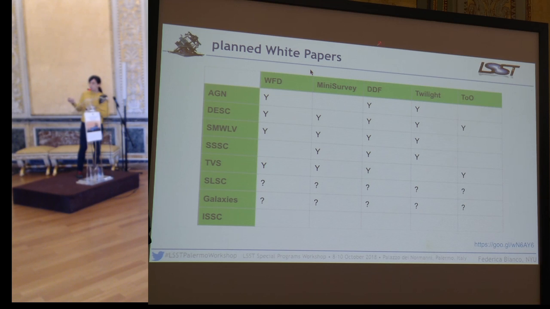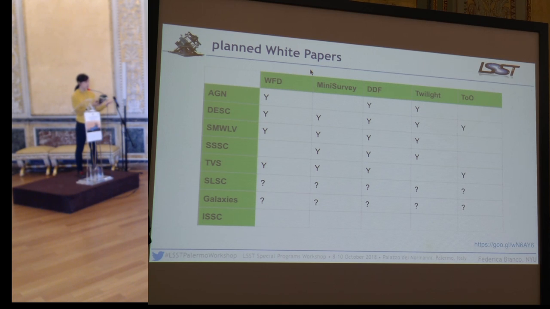Most science collaborations are submitting for deep drilling fields, and as Colin mentioned, this means submitting pointings and submitting technical approach to doing a deep drilling field survey. 4 pointings have been selected already, and then the question that people always ask is how many deep drilling fields will there be? And that cannot be answered because we don't know what the wide, fast, deep survey is, so we don't know how efficient it is.